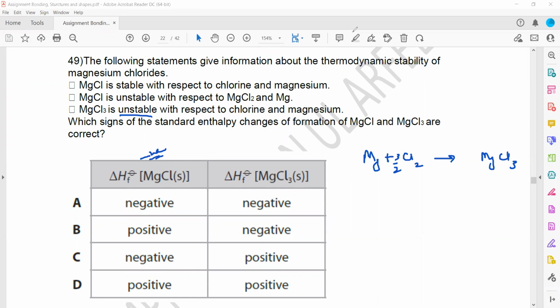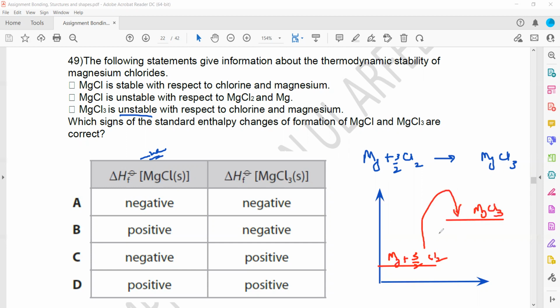So this MgCl3 is having high energy, and Mg and Cl will have low energy. As I mentioned, MgCl3 is unstable. Unstable means high energy. So in this case, the reactant will have low energy and the product will have high energy. So Mg plus 3/2 Cl2 gives MgCl3.